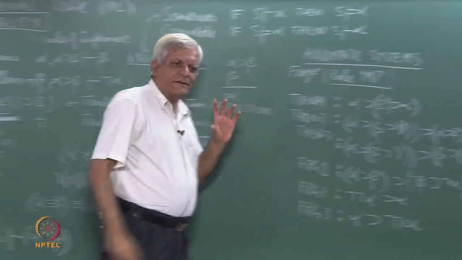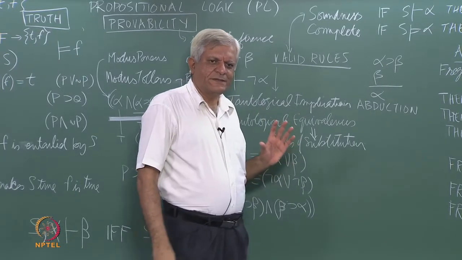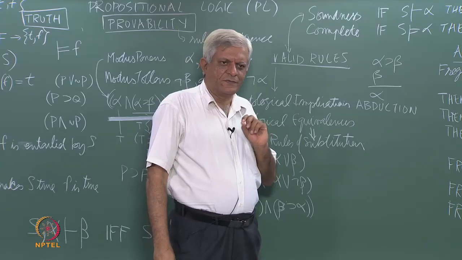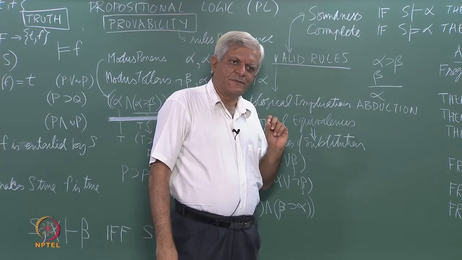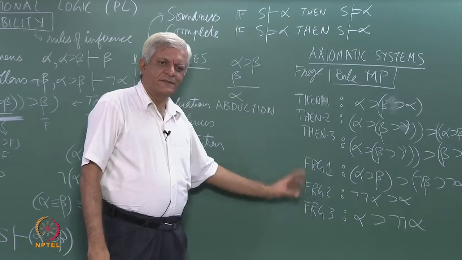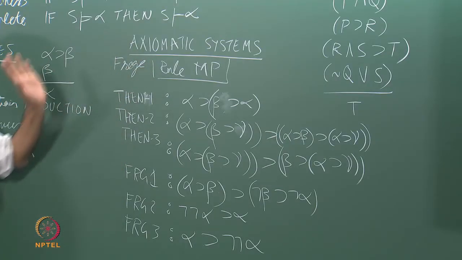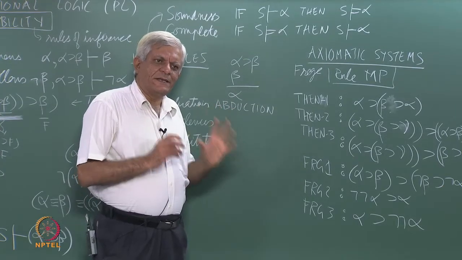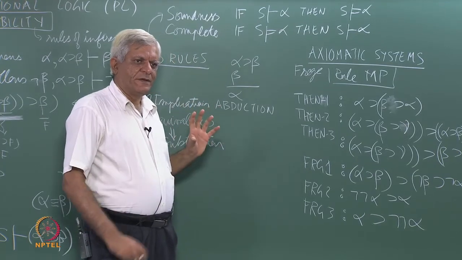So, Frege's axiomatic system says that all tautologies of propositional logic can be derived from this set of axioms and this rule of inference. So, it is a complete system.